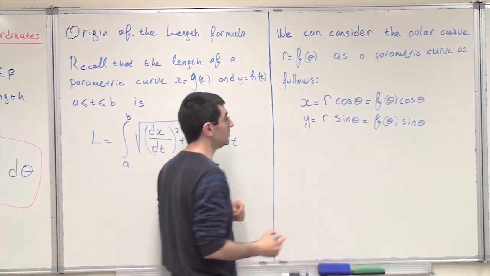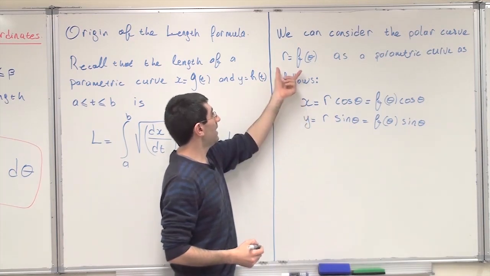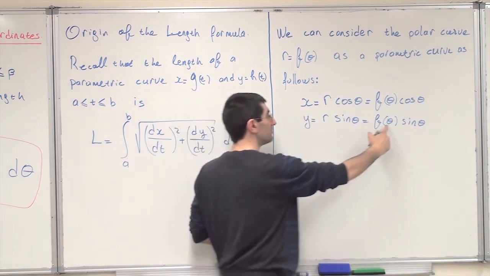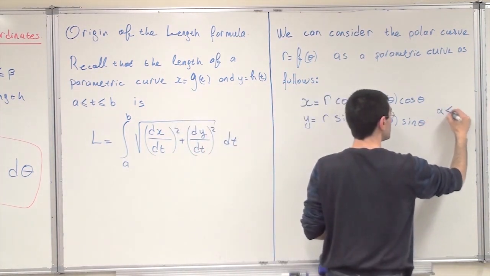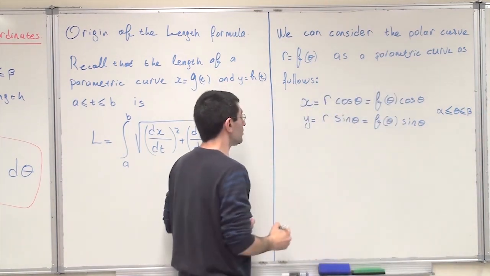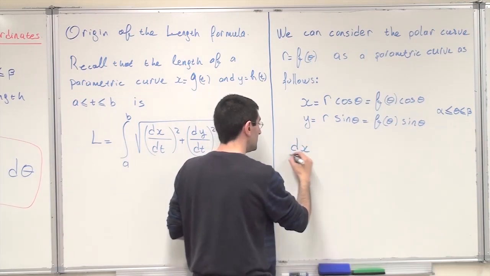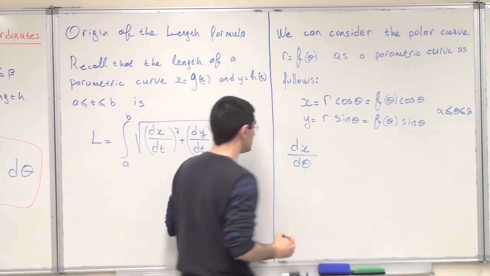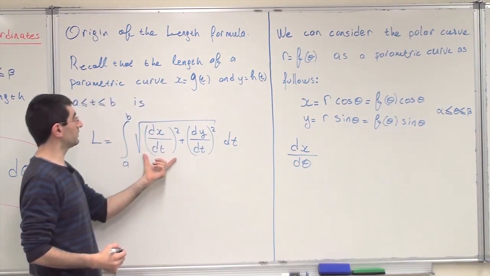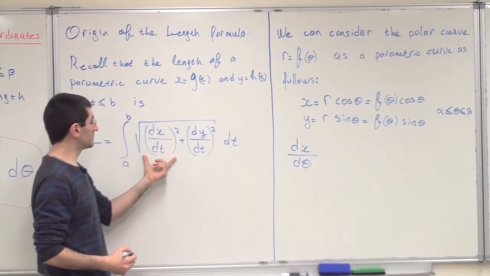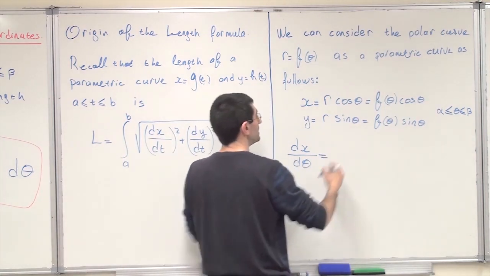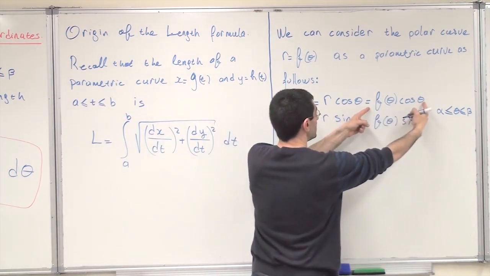So we can now consider this polar curve as a parametric curve where the parameter is theta. We now derive the quantities required in this length formula for parametric curves. We need to find dx over d theta, which requires us to differentiate this.